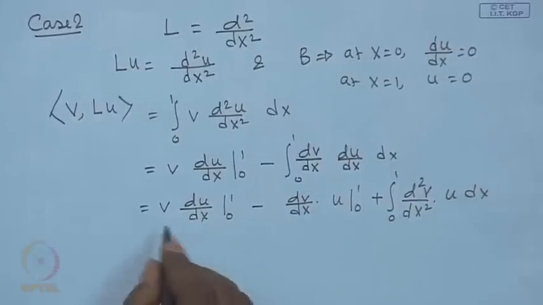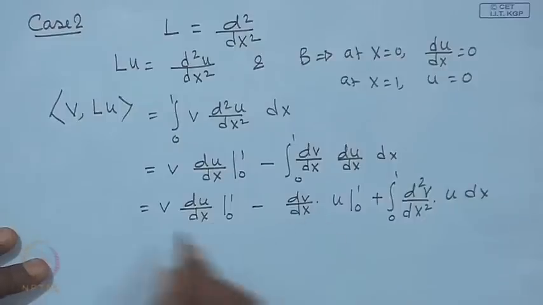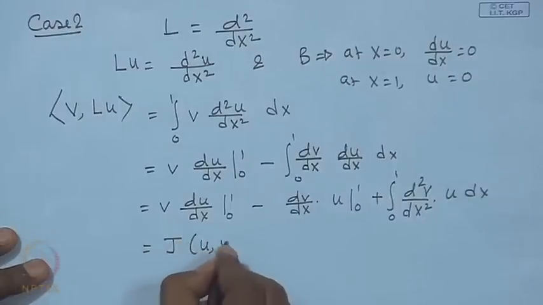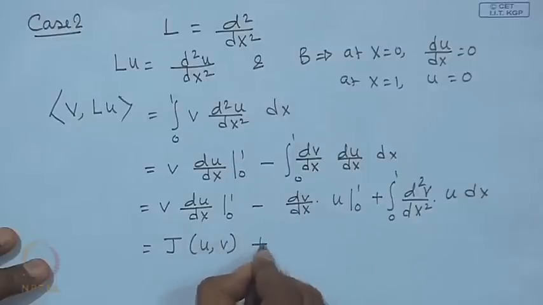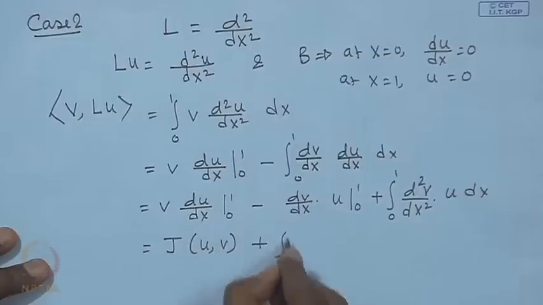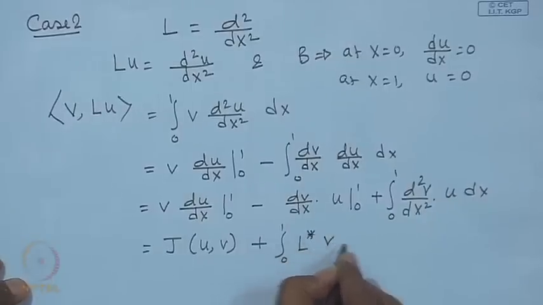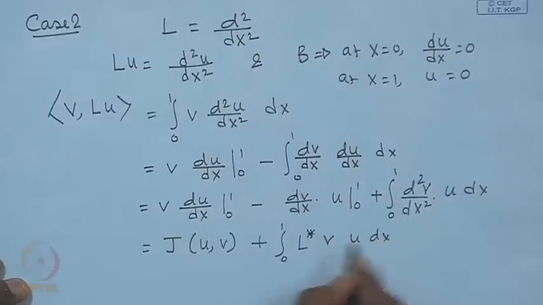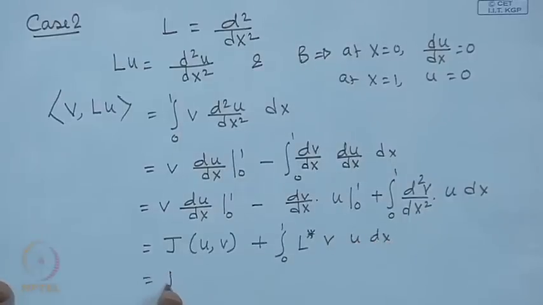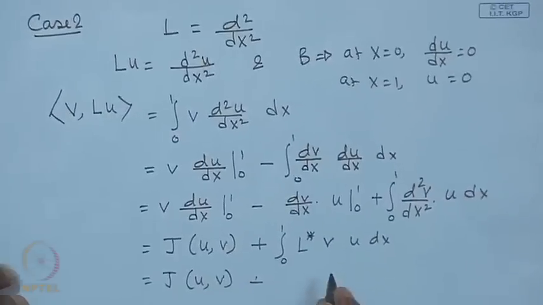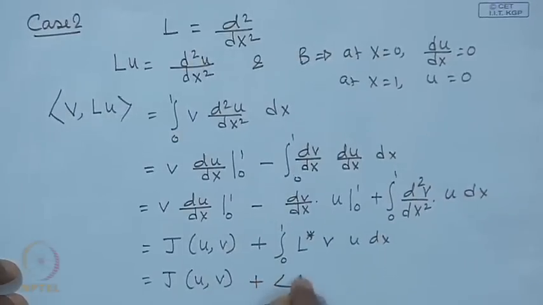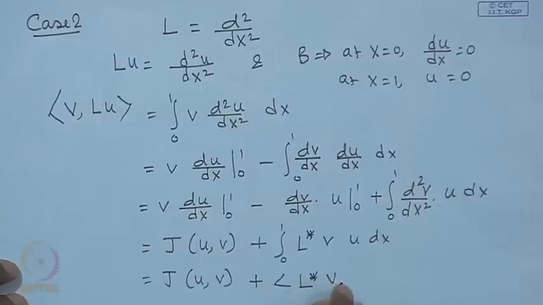So, the first two terms will be constituted by the bilinear concomitant term. So, we write it as J u v plus integral 0 to 1 L star v times u dx. So, we write it as J u v plus inner product of L star v and u.